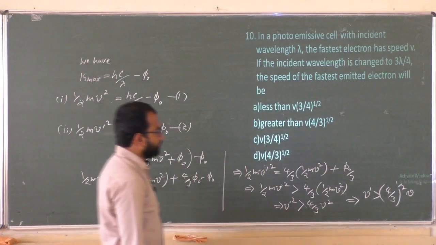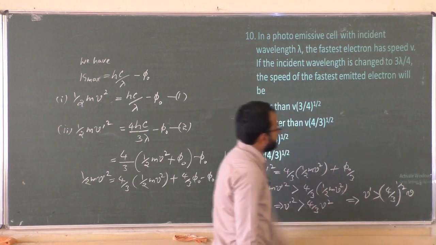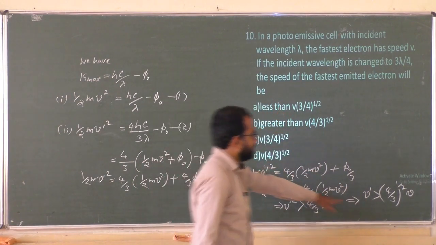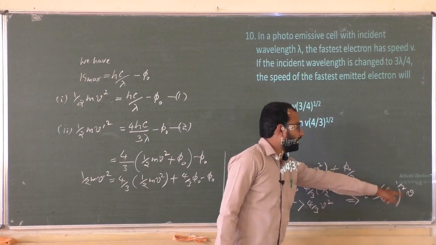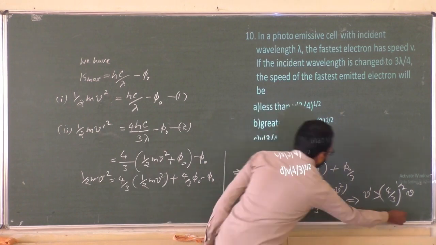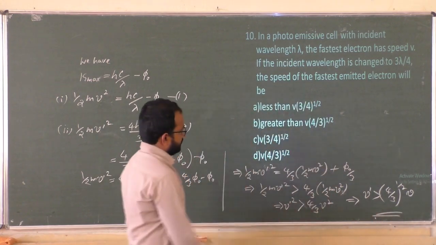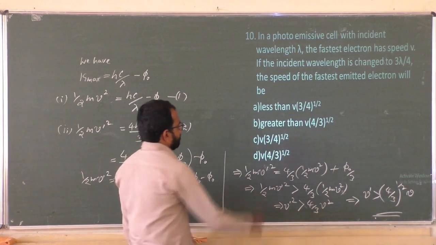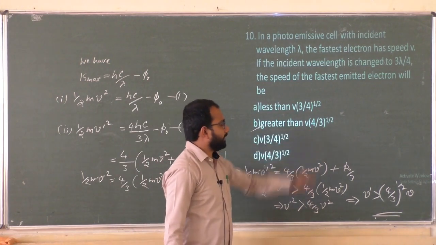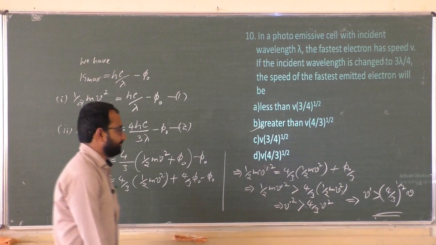So the velocity of the fastest emitted electron is greater than 4 by 3 to the power half into the initial value. Therefore the option is B, greater than v into 4 by 3 to the power half.